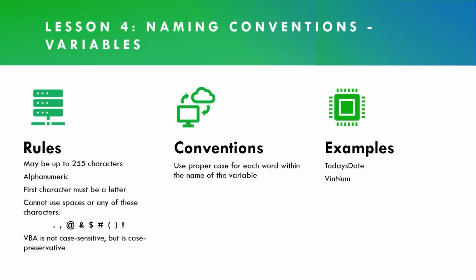That's case preservative. There is only one convention. Use proper case for each word within the name of the variable, just like we've been doing with our procedures. And then there's examples. Today's date, then num.